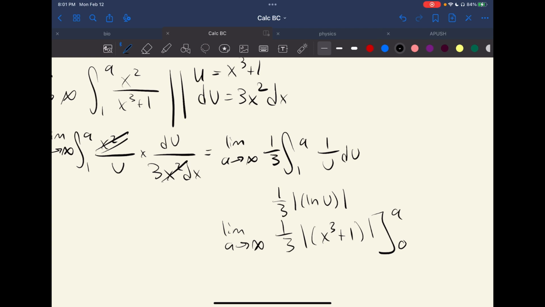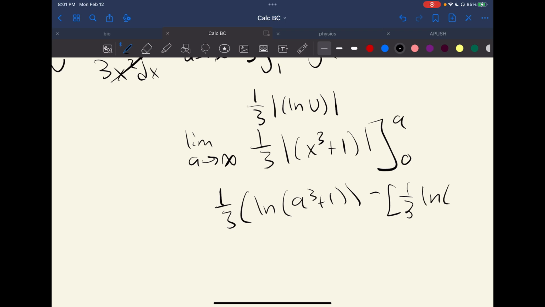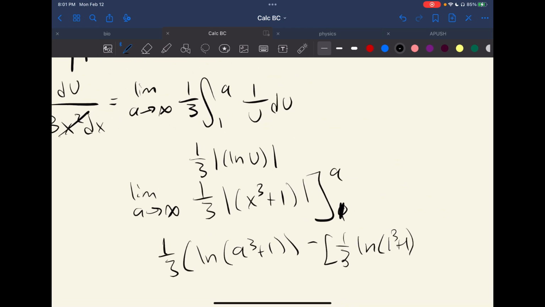So we plug in 1/3 natural log of a cubed plus 1 minus 1/3 natural log of 1 cubed plus 1.